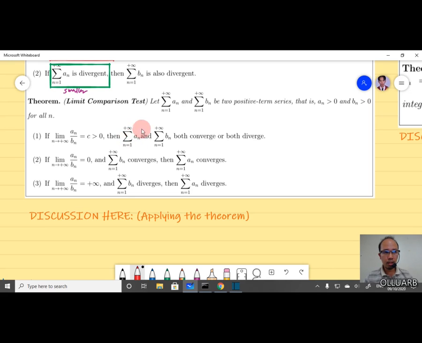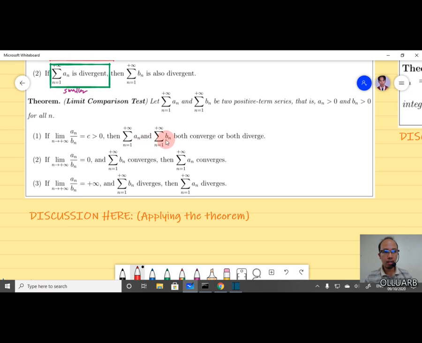Meaning to say, this is your given series. If, for example, a sub n is your given series and b sub n is the test series, if your b sub n is convergent and it satisfies this condition, then the original series is convergent.